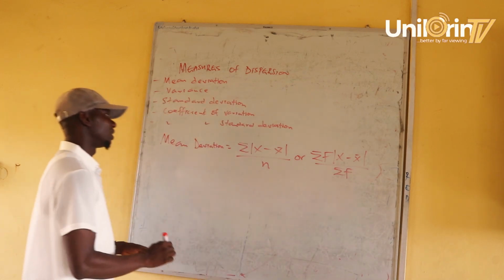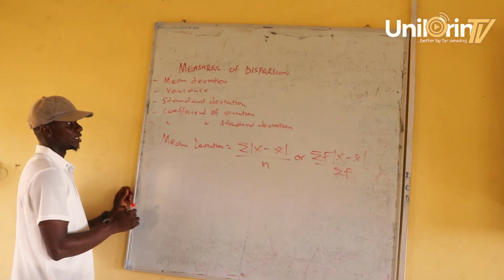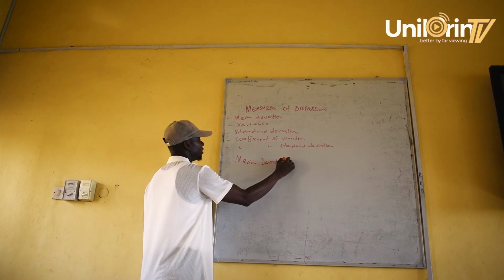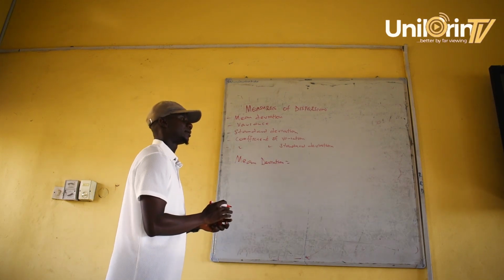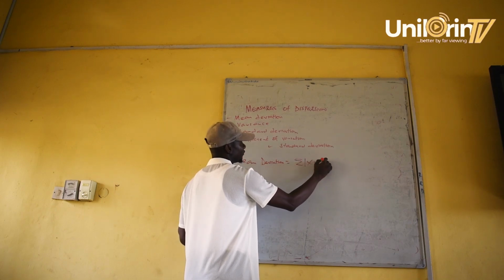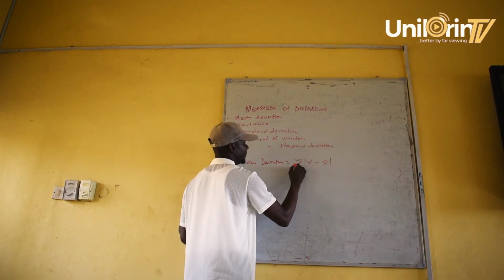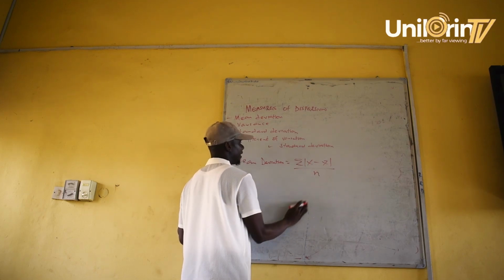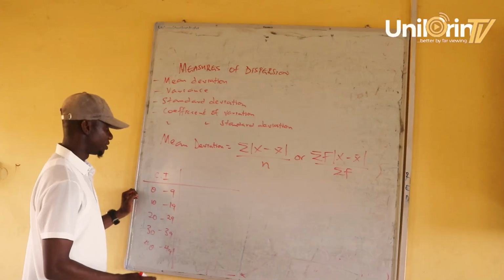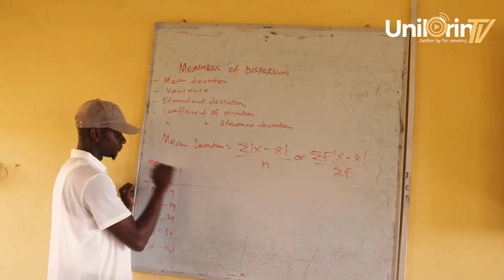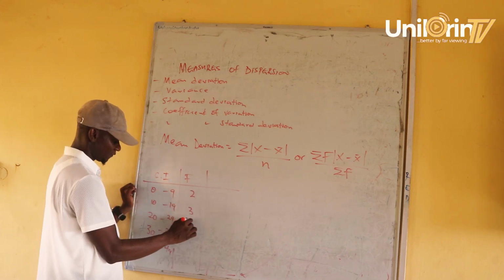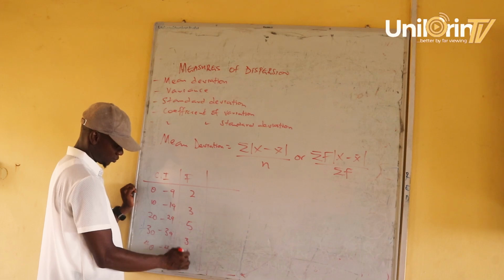What you are saying is that if you have observations, let's say each like the other time, or we say class intervals. Our class intervals are 0 to 9, 10 to 19, 20 to 29, 30 to 39, 40 to 49. And then we have their frequencies. Let's say these are 2, 3, 5, 3, 1.